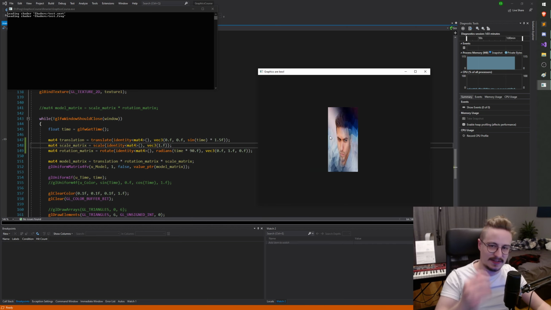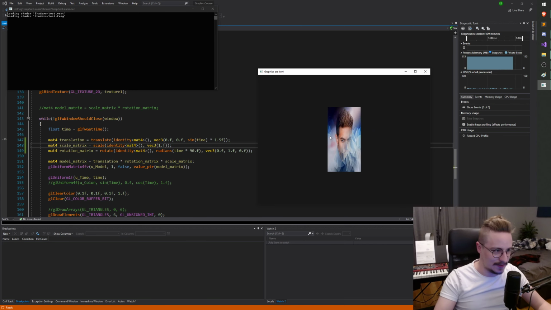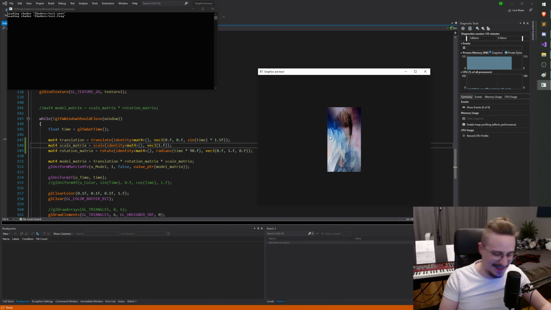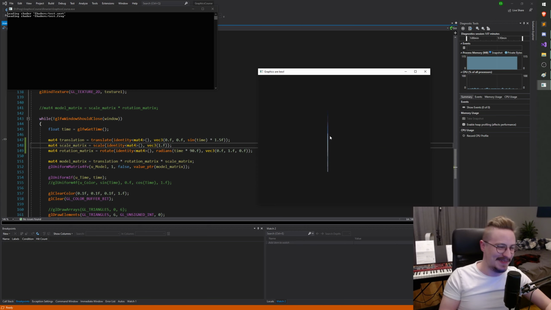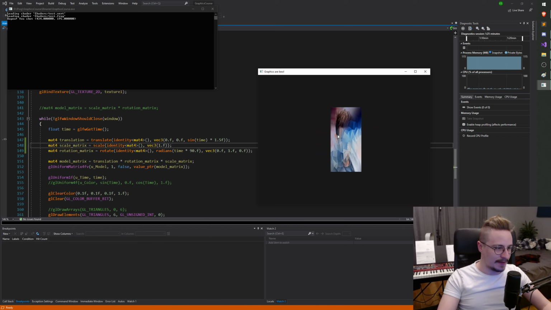It's just pixels that are outside the cube that get clipped, and the pixels that are inside the cube get rendered. So this is not on a vertex basis. This is on a fragment basis. Every pixel does this NDC clipping test. So that's why we can see half the square being rendered.